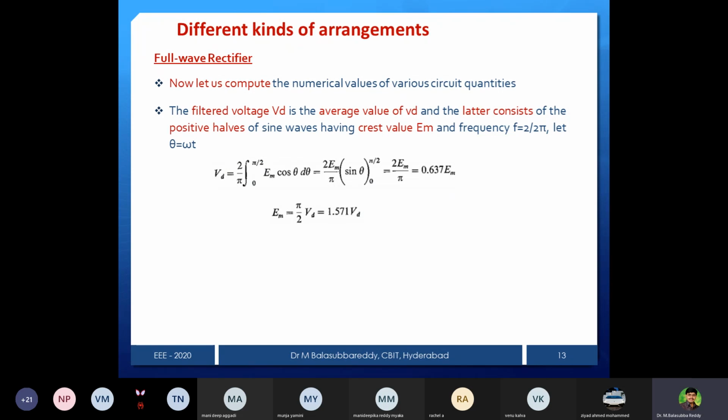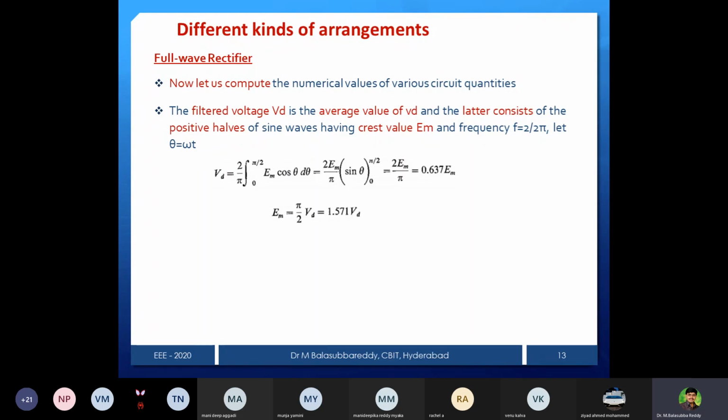Now let us compute some of the parameters, the average voltage and all. The average value of the voltage is Vd, and considering the positive half cycle, the crest voltage is Em, and this is a 2 pulse converter. 1 by 2 pi is for a full cycle, or time 1 by 2 pi into 2, so that will give the frequency. Let theta equal omega t, and you can integrate over any of the portions, and you will get 2Vm by pi.